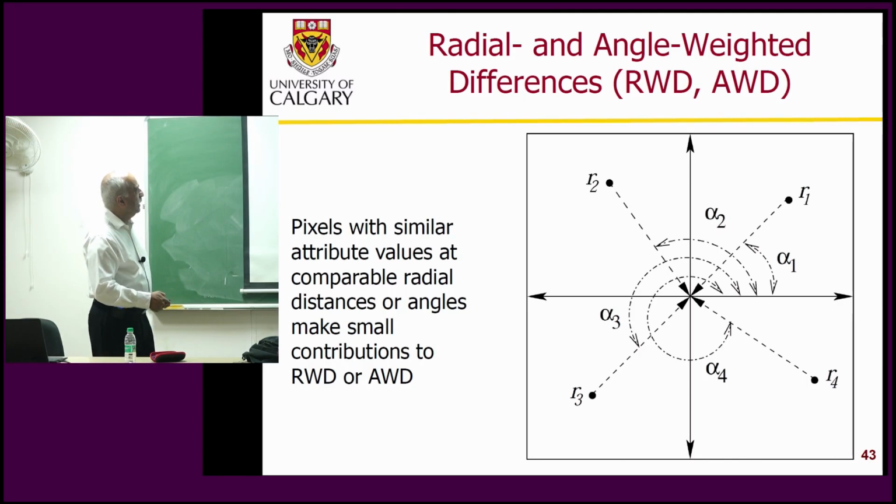So these are measures of differences. If you have a spicule, they should be the same value or strong values along a given angle and a given radius. There should be a spicule like that. Then for various values of R for a given angle, there should be high correlation.